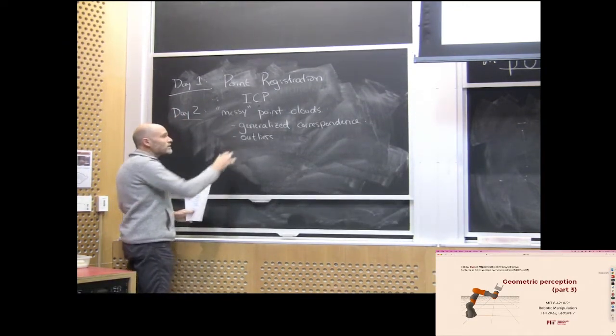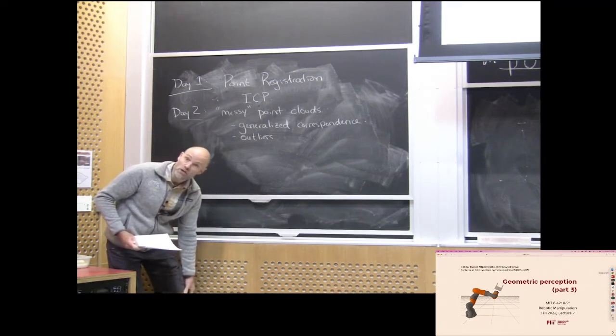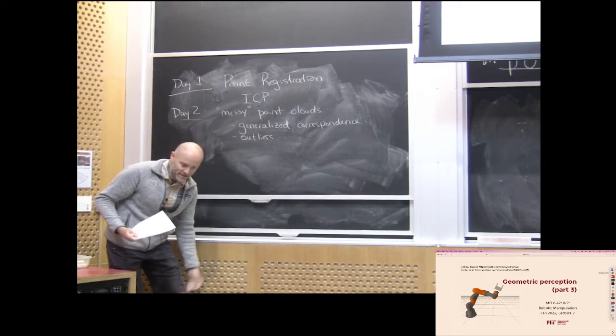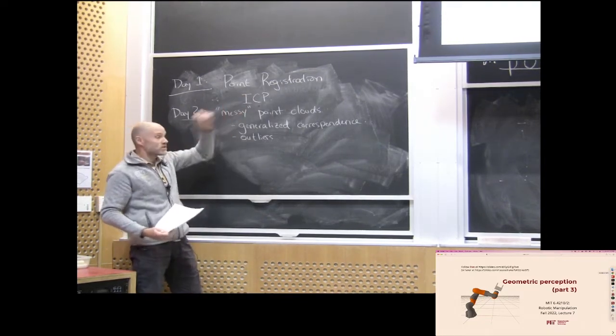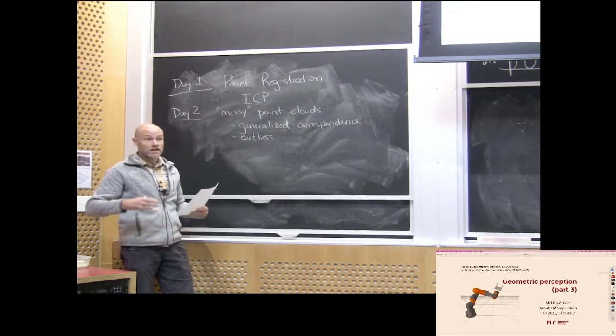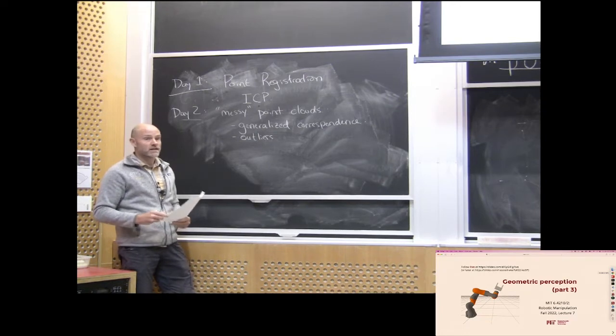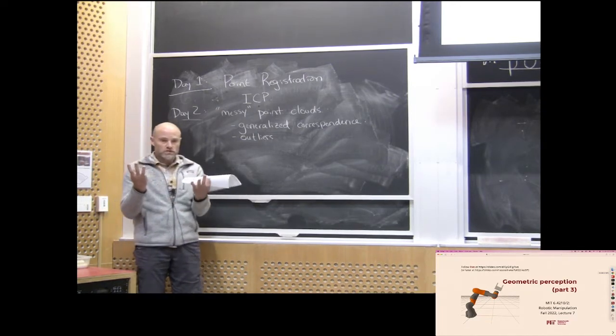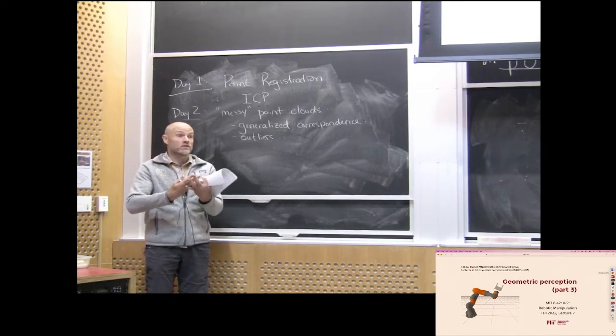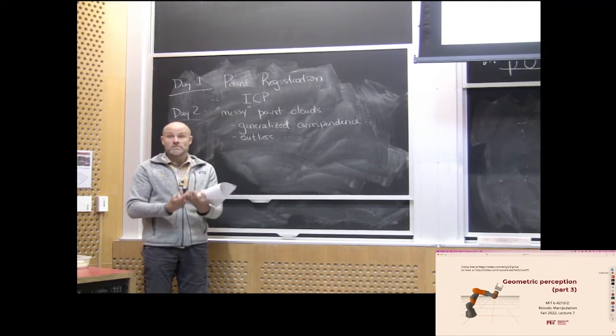But I don't want to leave this part of the course until I tell you that I don't think point set registration is the only way to think about this. We started talking about it a little bit at the end last time: it's not clear that just finding the pose that makes two point sets close together is always the best objective. It might be lacking in important ways.